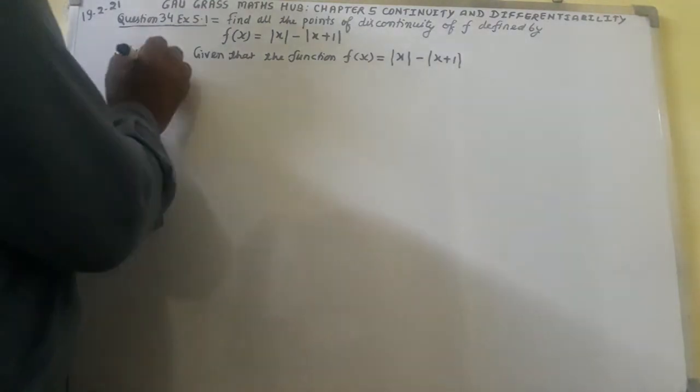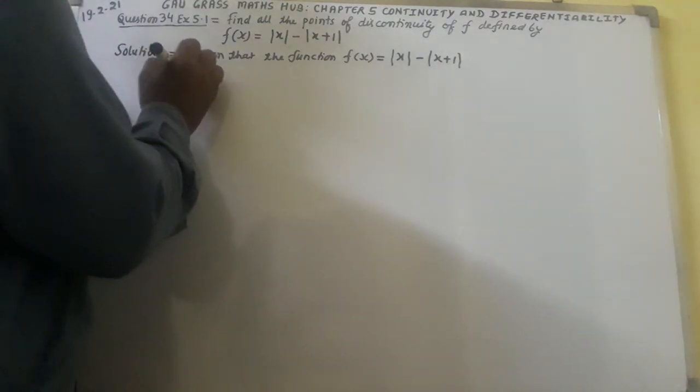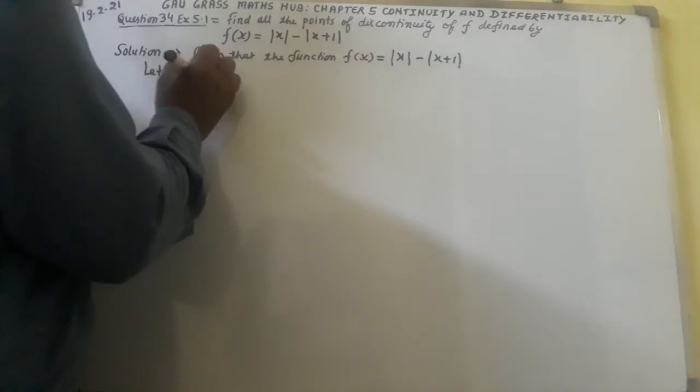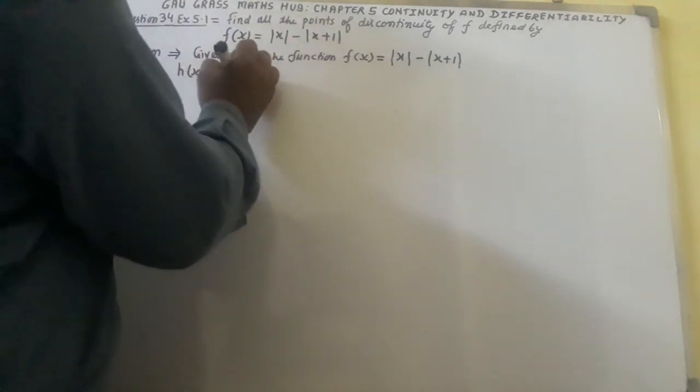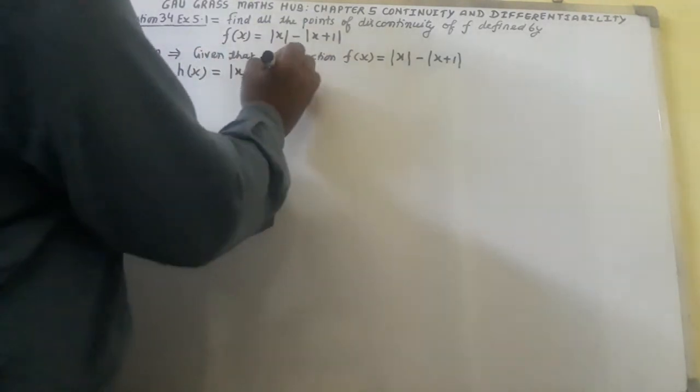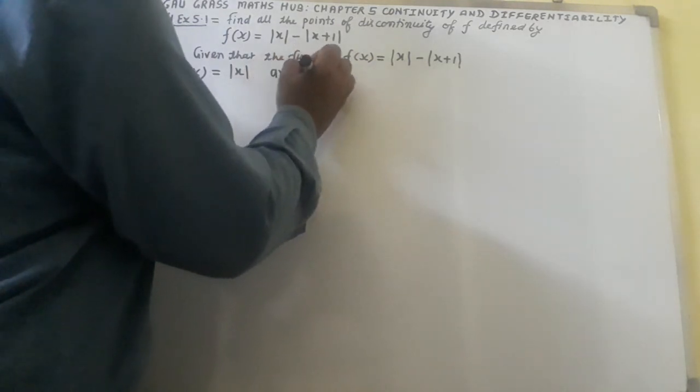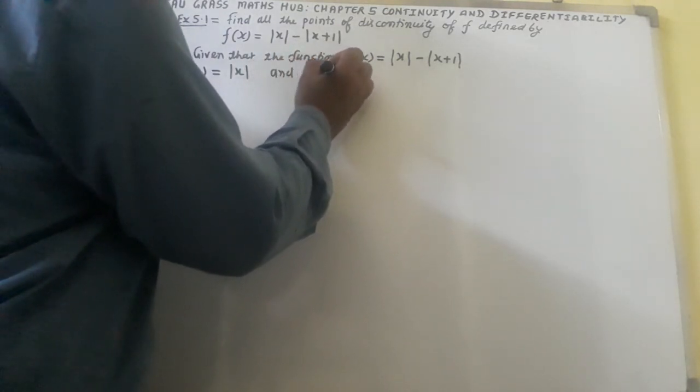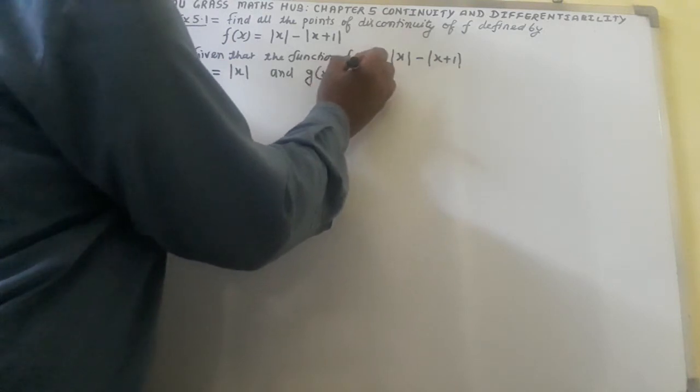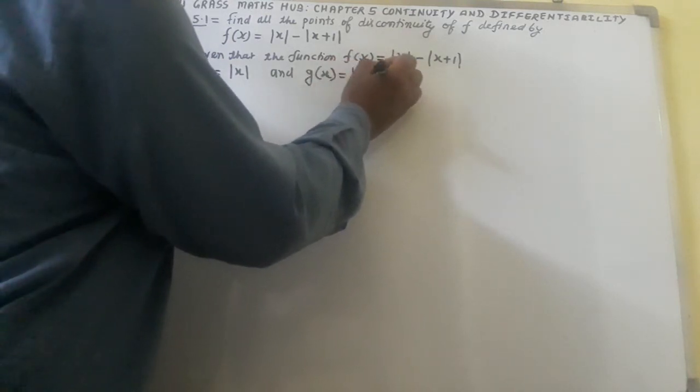Let h of x is equal to mod x and g of x is equal to mod x plus 1.